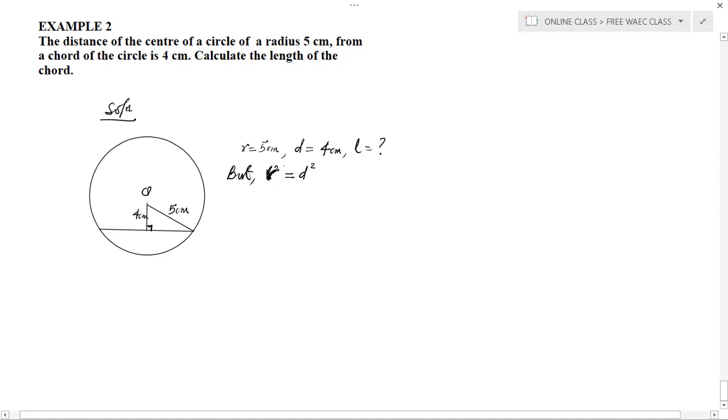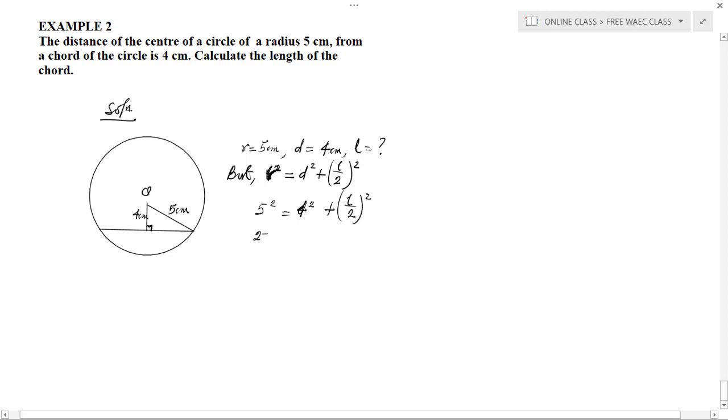R squared equals D squared plus (L over 2) squared. R is 5, so 5 squared equals 4 squared plus (L over 2) all squared.